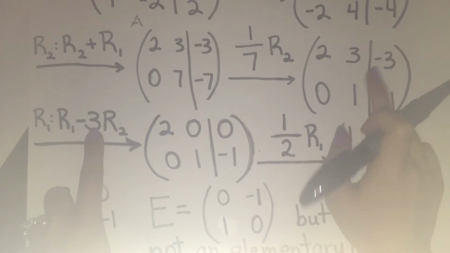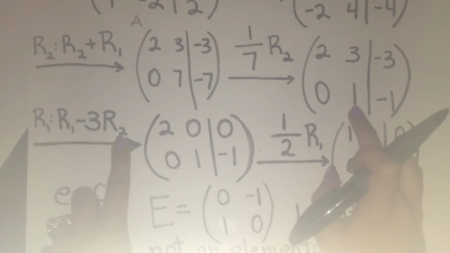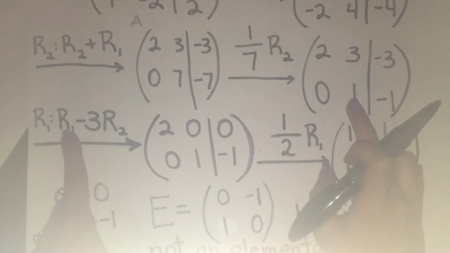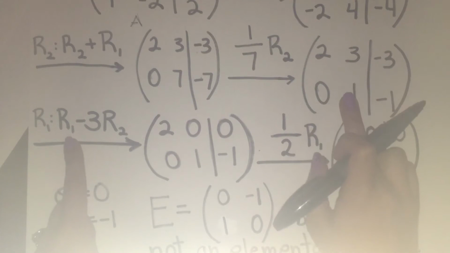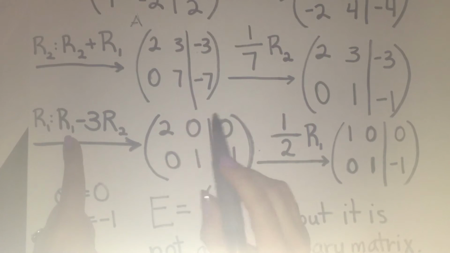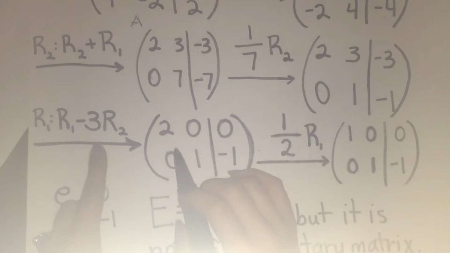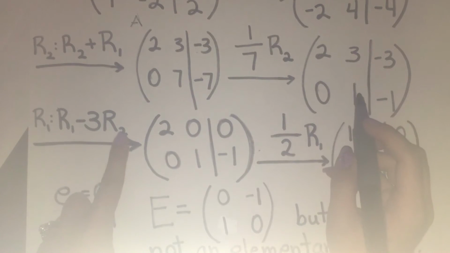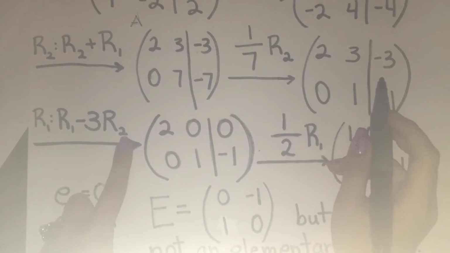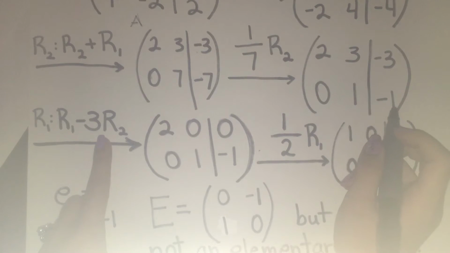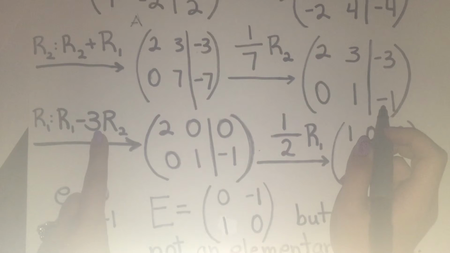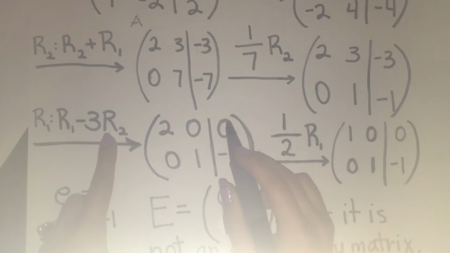from the first row 3 times the second row, because then we would have 3 minus 3, and that would equal 0. So then we have 2 minus 0, it would still be 2. Then we have 3 minus 3, it would be 0. And here negative 3 plus 3, because negative 1 times negative 3 is positive, it would also equal 0.